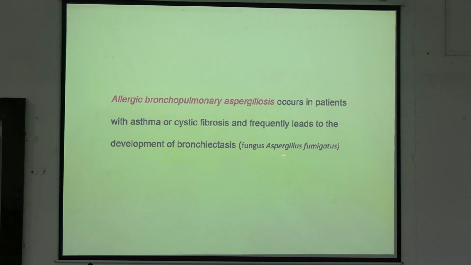Aspergillus fumigatus is a fungus, and it causes allergic bronchopulmonary aspergillosis. It occurs in patients with asthma or cystic fibrosis. After that, there is development of bronchiectasis. So this is called ABPA, allergic bronchopulmonary aspergillosis.